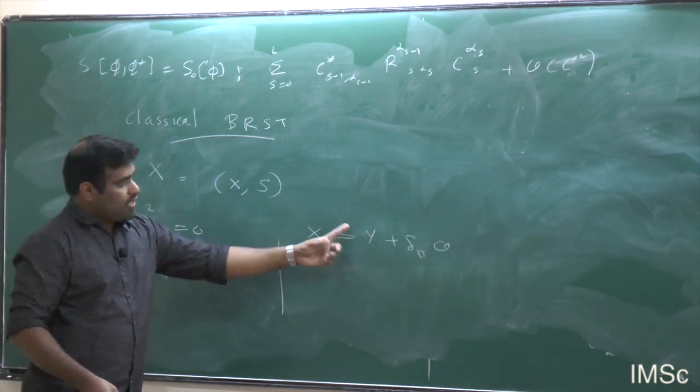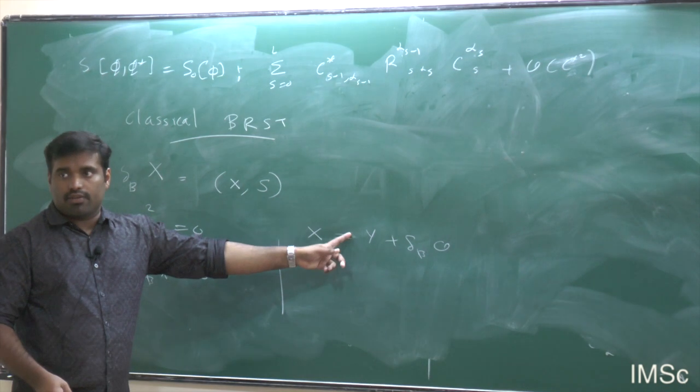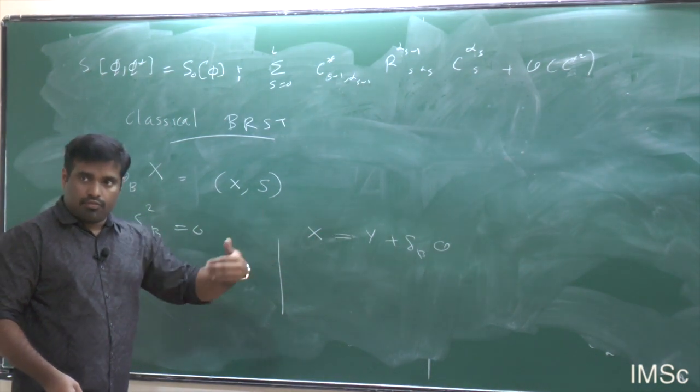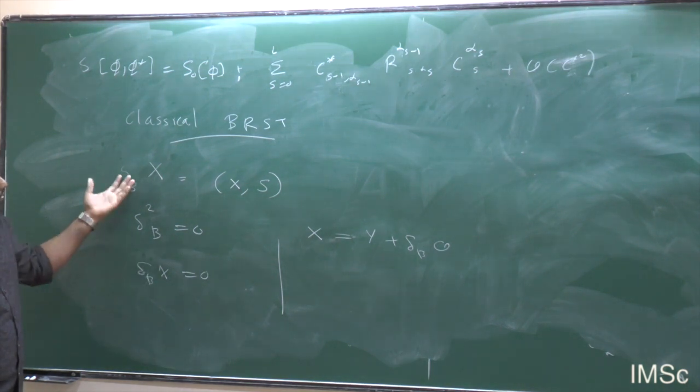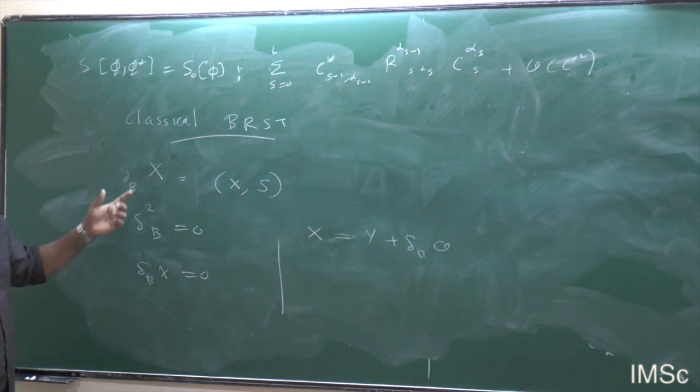From the physics point of view, X and Y are exactly the same. So that's why you say that the spectrum of your theory belongs to the cohomology of this operator delta B.